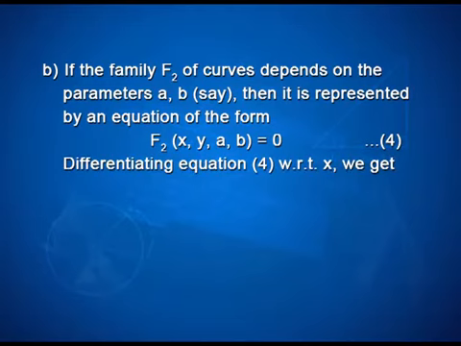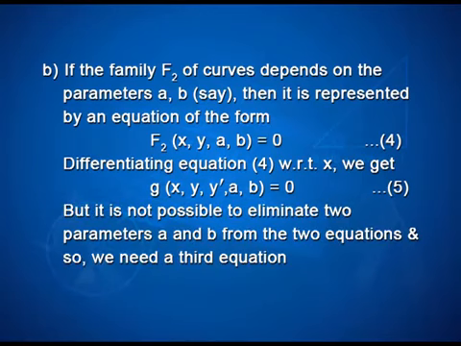Differentiating this equation with respect to x, we get g(x, y, y dash, a, b) is equal to 0, but it is not possible to eliminate the two parameters a and b from the two equations, and so we need a third equation.